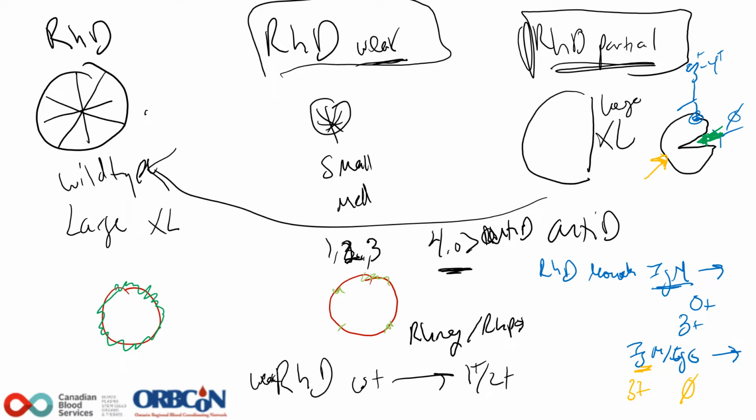So remember, pregnancy and chronically transfused individuals are the ones that we really want to chase down these weak and partial Ds on because they have the chance of forming anti-D, and it makes our life more difficult to find blood, and it makes their lives more difficult, and also potentially harms them with regard to the fetus if they are Rh positive.